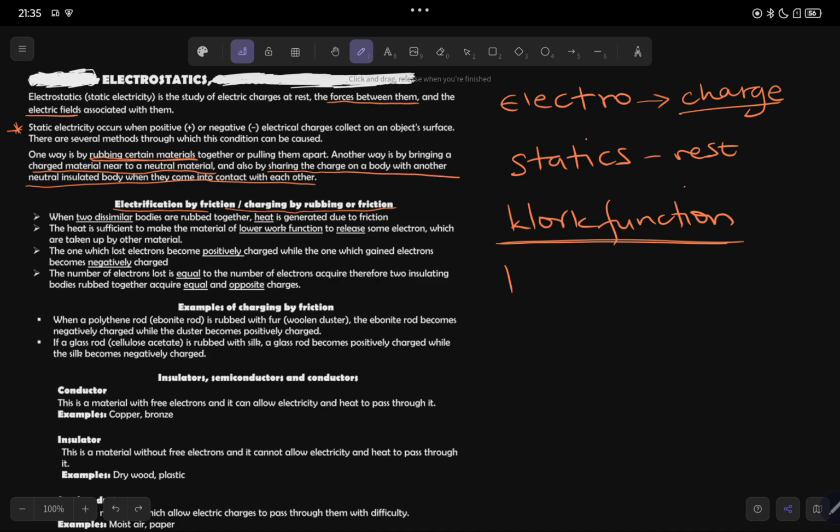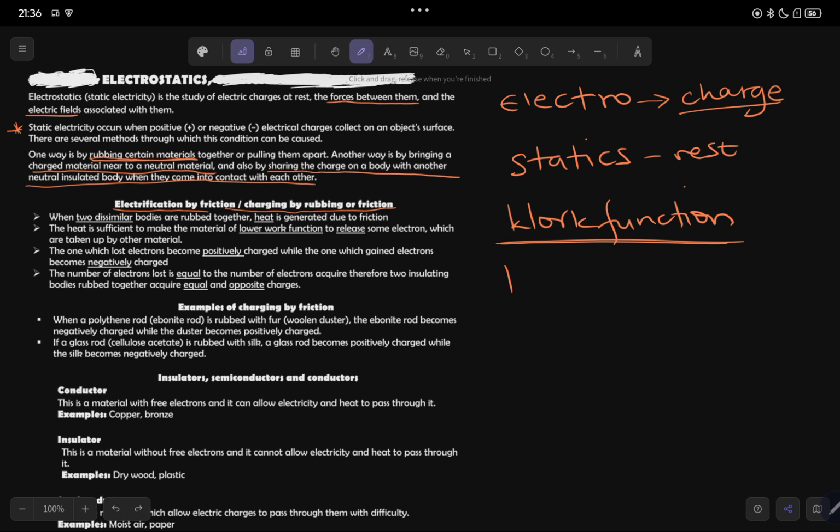Now, different surfaces of different kinds have different work functions. Some have a big work function, others have a small work function, which means the one which has a low work function can easily lose the electrons. The ones which have a higher work function require so much energy to release the electrons from their surfaces.